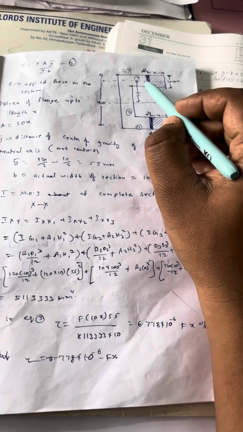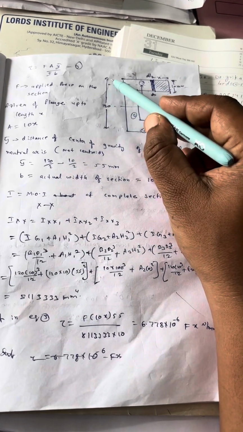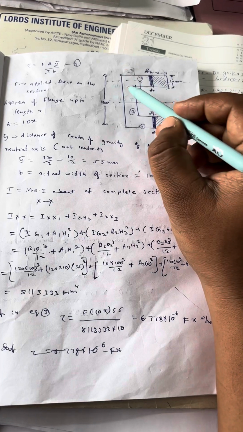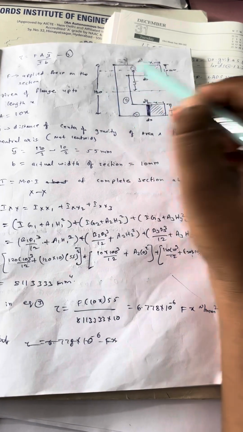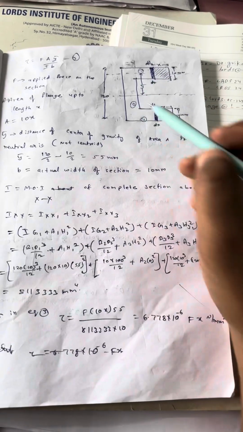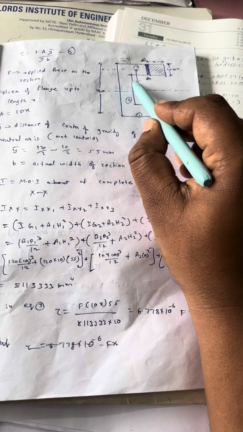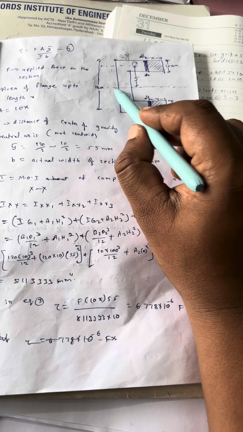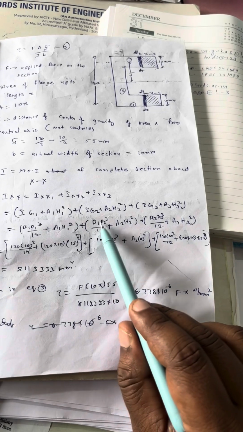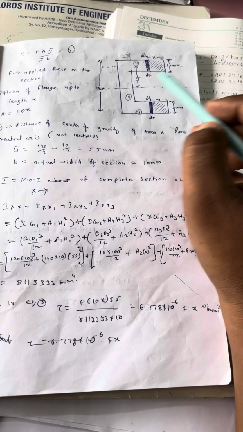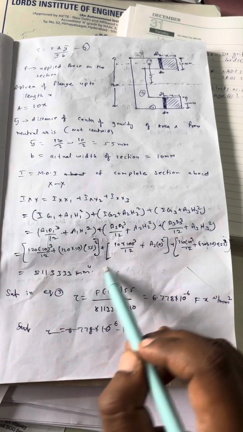For the third section also it is the same, h3 is 120 by 2 minus 10 by 2, same as y bar, 55. But for h2, the central axis is the same for the second portion, so the distance is 0. Remaining b and d values we can see from the figure and substitute. So Ixx we will get as this.